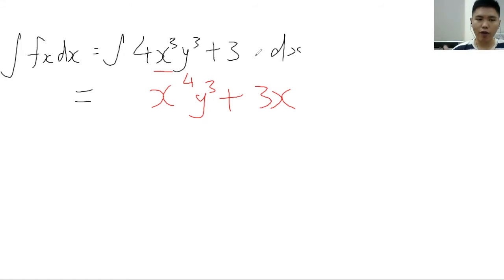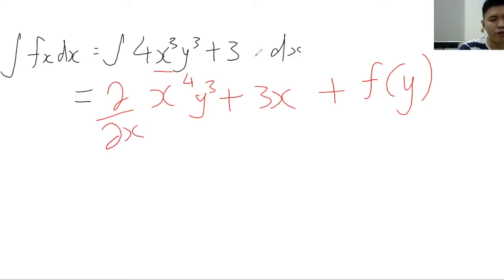If we differentiate a constant with respect to x, it vanishes. But now that we integrate back, we have to add back a function in terms of y. You can try to verify yourself: if you partially differentiate this whole thing again, the function of y will be cancelled off, and we get back the same thing. So here we need to add it back. Later I'll show you why we add this.